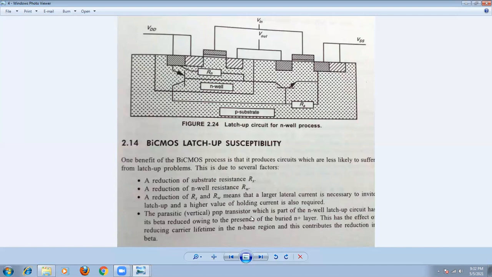When the product of beta 1 and beta 2 is greater than 1, latch up will automatically occur. So always keep beta 1 times beta 2 less than 1 to reduce the latch up mechanism. These are the main things you have to remember about the latch up condition in the structure.